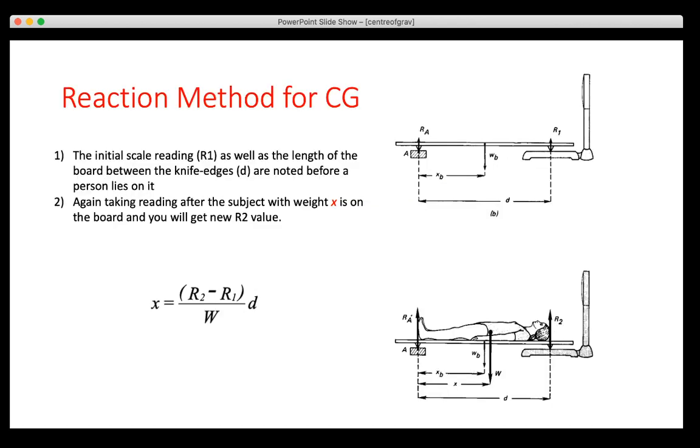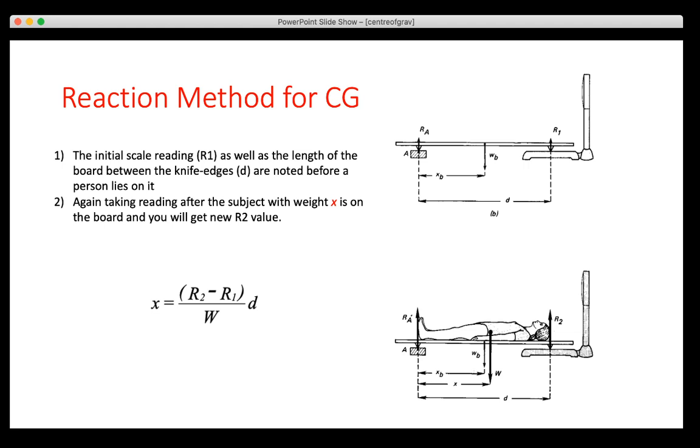Now coming to the laboratory methods to measure CG in the next slide. The first one is the reaction method, which I have already told you about in the body segments lecture. The same technique and the same apparatus of the reaction method can be used to find CG.